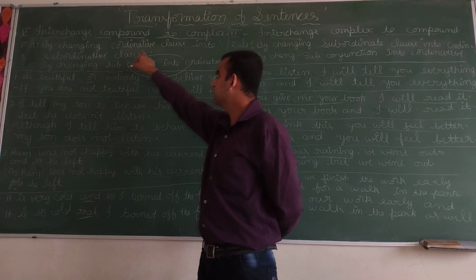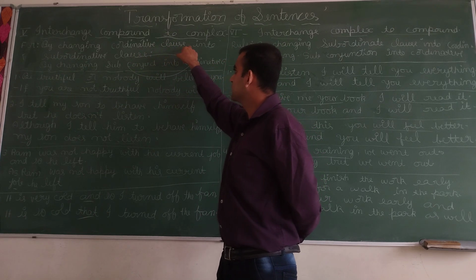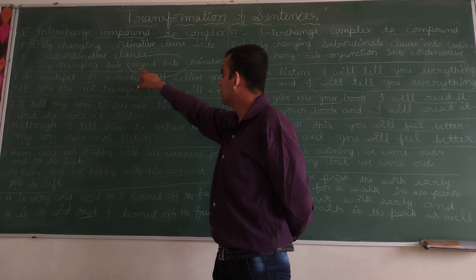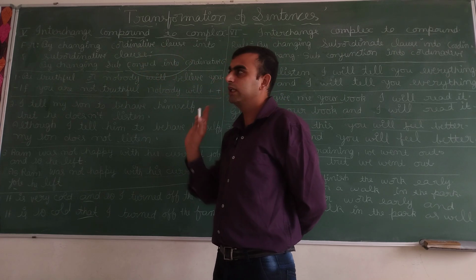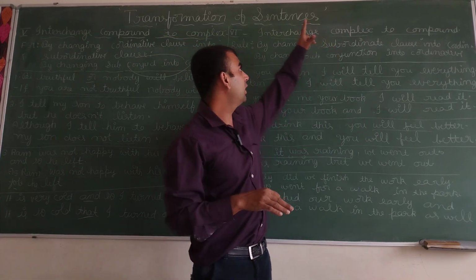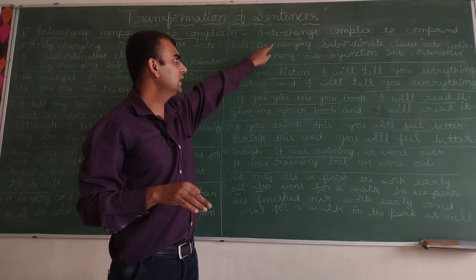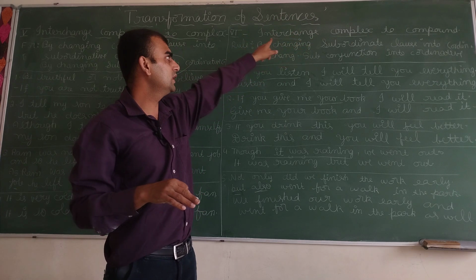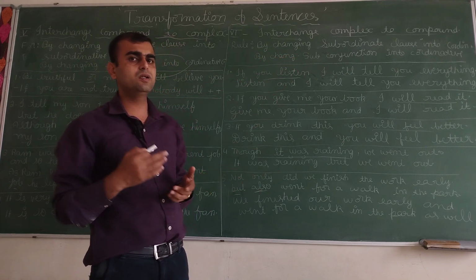The formula: first, change a coordinative clause into a subordinative clause; then change a coordinative conjunction into a subordinative conjunction. To interchange a complex sentence into a compound sentence, just change a subordinative conjunction into a coordinative conjunction and a subordinative clause into a coordinative clause.